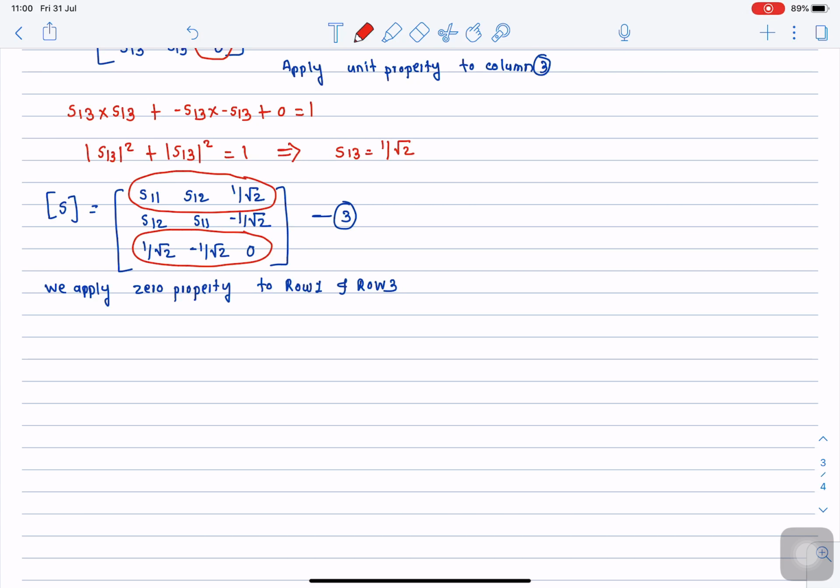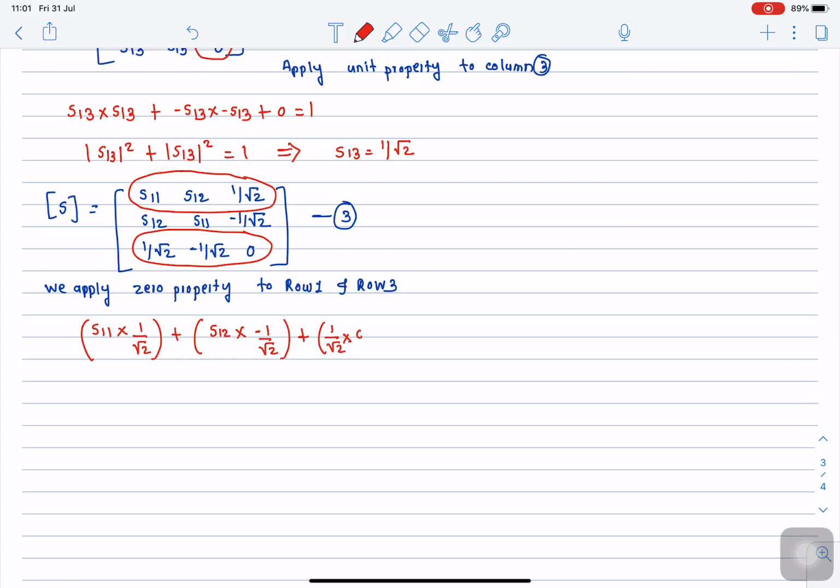Okay. So what is the 0 property? I will write here the first term of the first row multiplied by the first term of the third row. Take the summation of all such terms of row 1 with row number 3, plus S12 multiplied by minus 1 by root 2, right, plus 1 by root 2, the third term of the first row multiplied by the third term of the third row, is equal to 0.